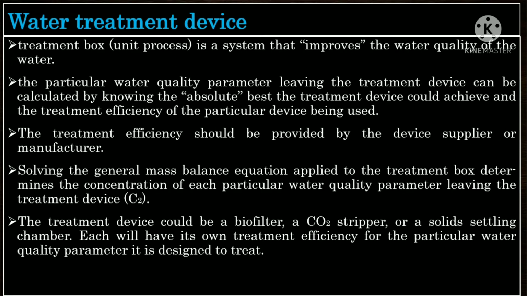Next is the water treatment device. Each treatment box unit process is a system that improves the water quality. The concentration of the particular water quality parameter leaving the treatment device can be calculated by knowing the best the treatment device could achieve and the treatment efficiency of the particular device being used.